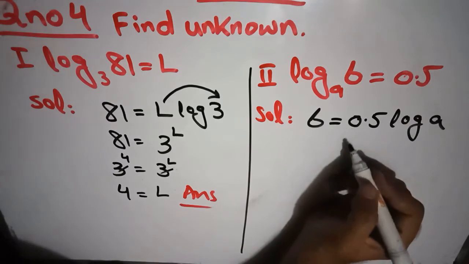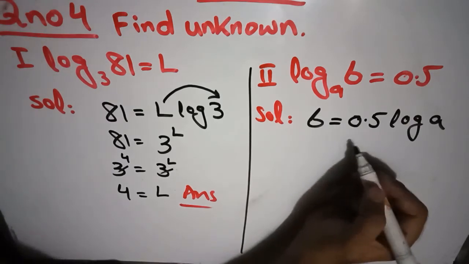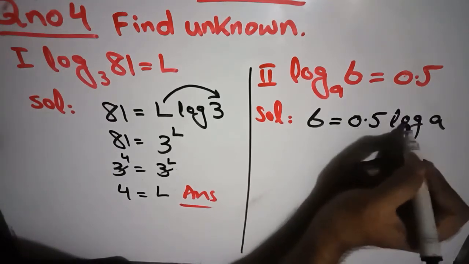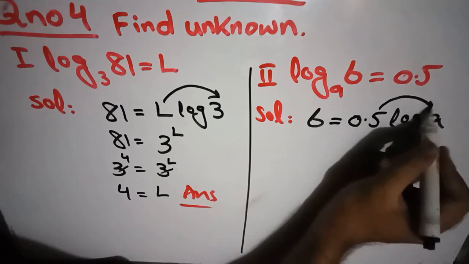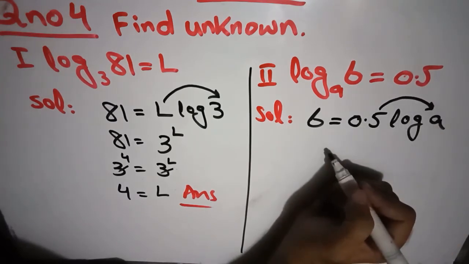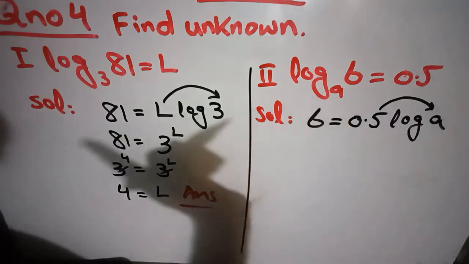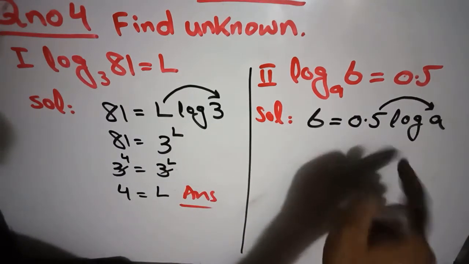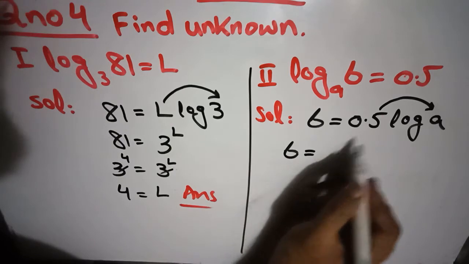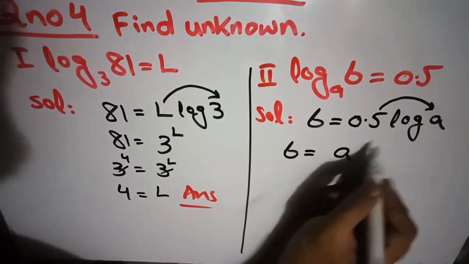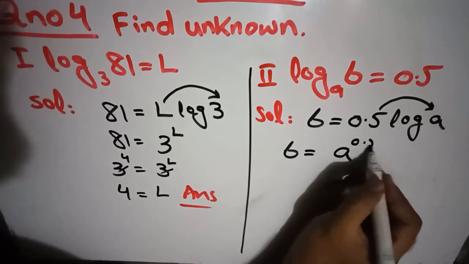What is the property of the log that I have told you? The digit coming before the log will go to the power of the digit that is after the log. So 6 is equal to a to the power 0.5.